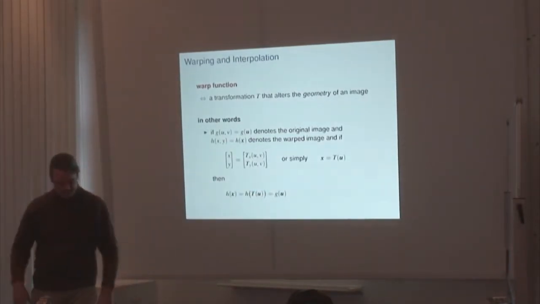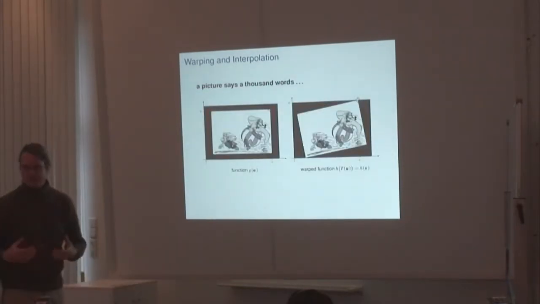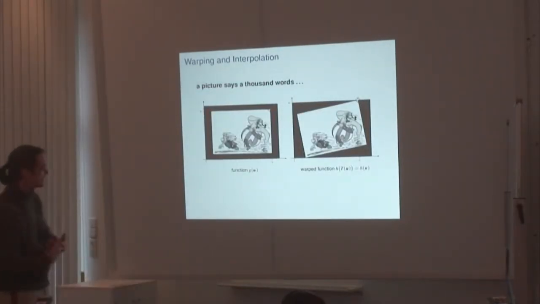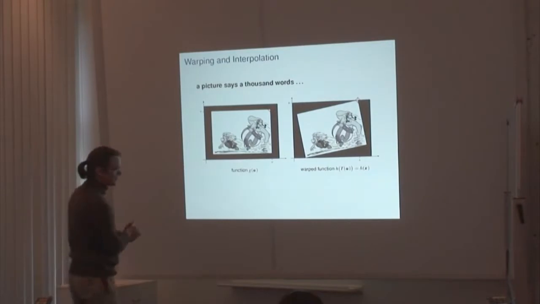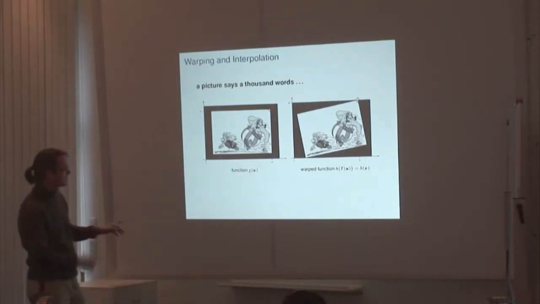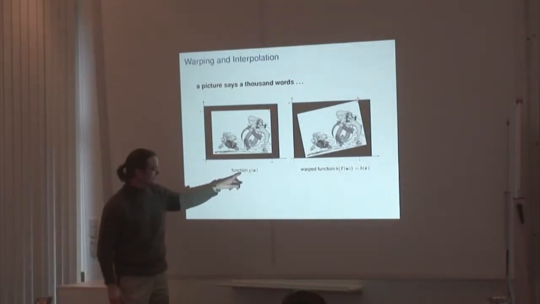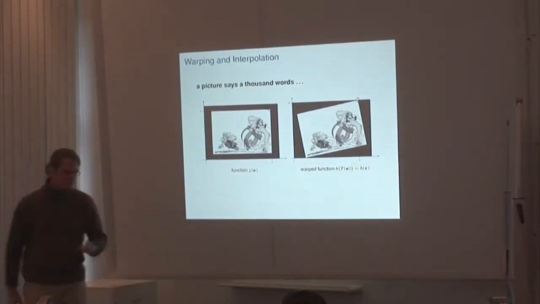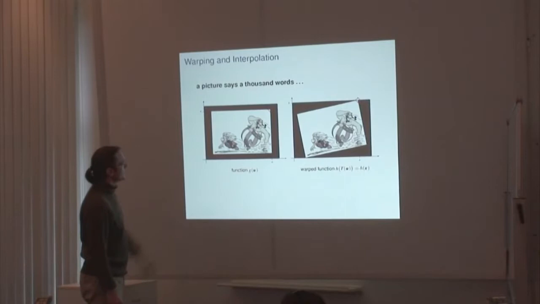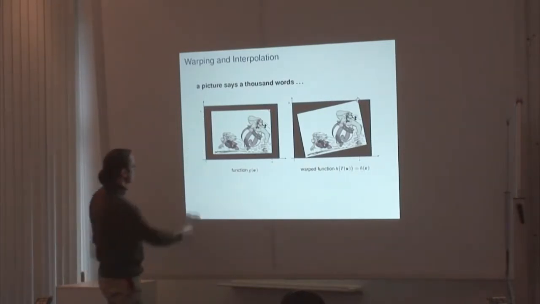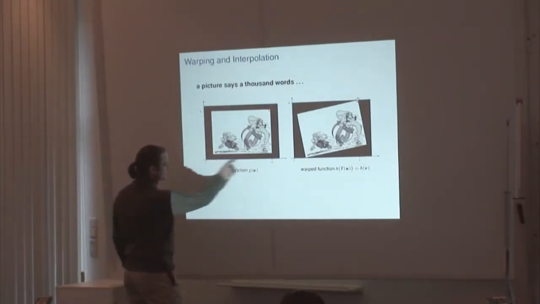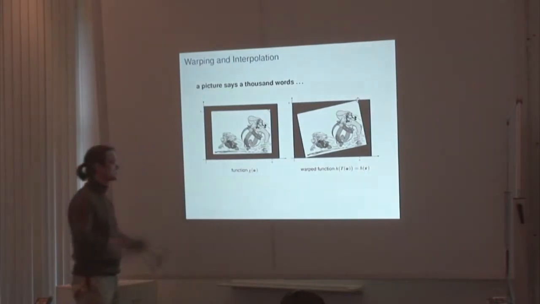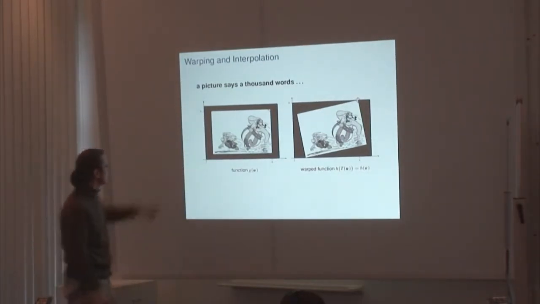And a picture says 1,000 words. Here is what I have been talking about on the previous slide. We are given a function, g of u. This function is an image, all right? And it is a funny function here because look at this. It is defined from 0 to some maximum u value, and from 0 to some maximum v value.